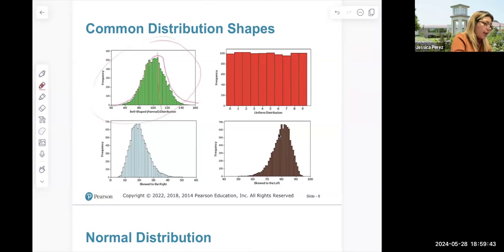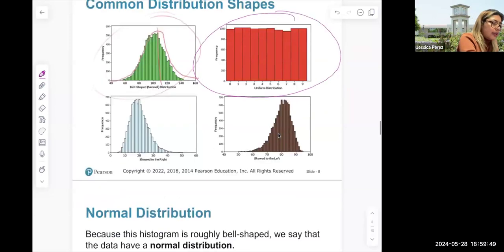center. What happens when there's no peak? This is where about everyone is usually the same. This is called a uniform distribution. About everyone's the same. This one's skewed to the right because look at the tail. The tail is to the right.